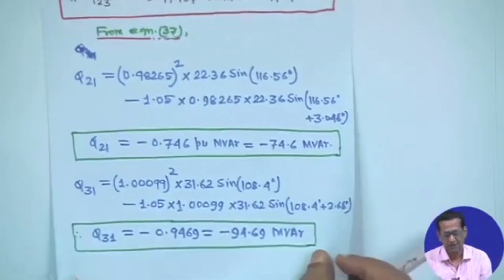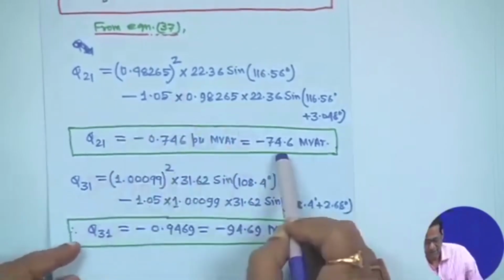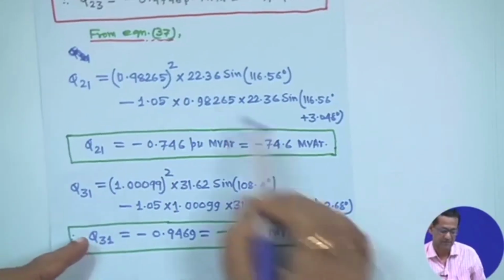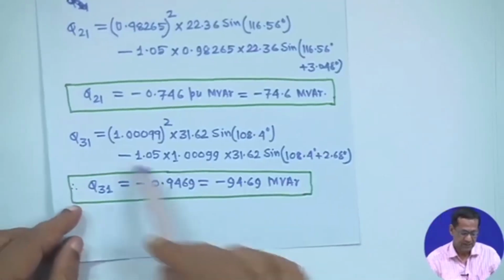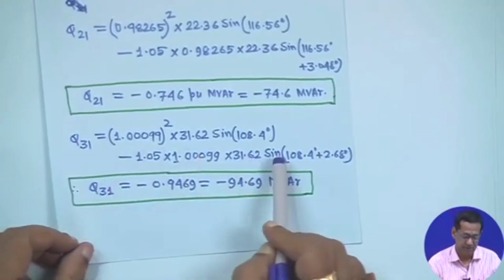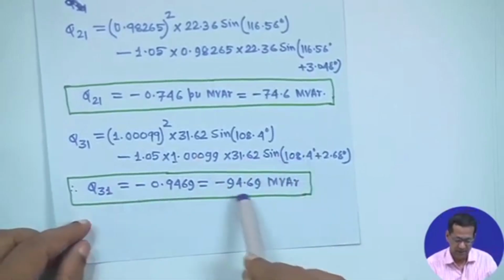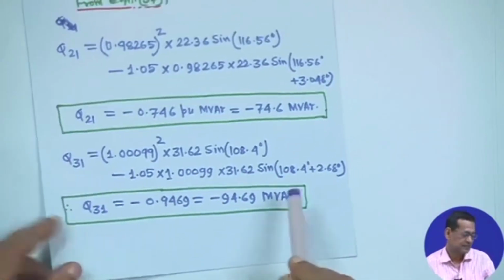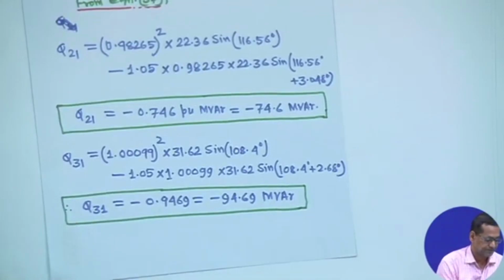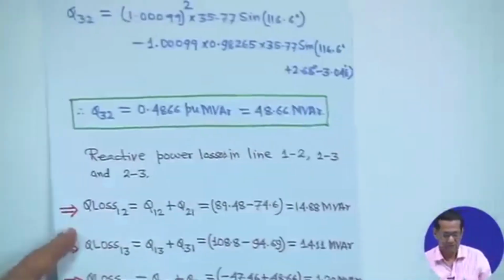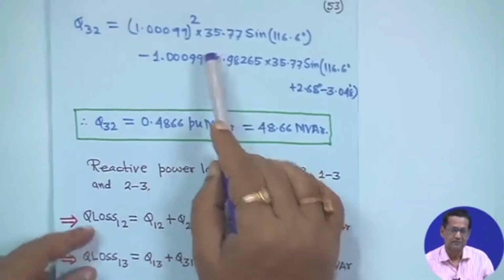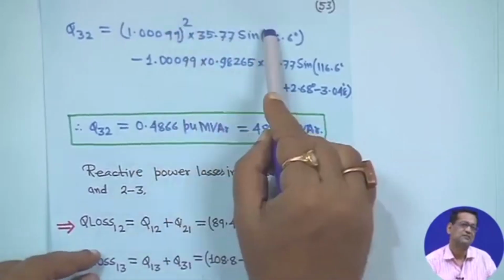If you calculate Q21, it is coming minus 74.6 megavar using equation 37. Similarly, Q31, upon substitution of all, you will get minus 94.69 megavar. Then you calculate Q32, again the same expression, put all the values. I am not writing those expressions again and again.